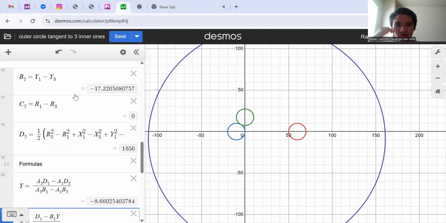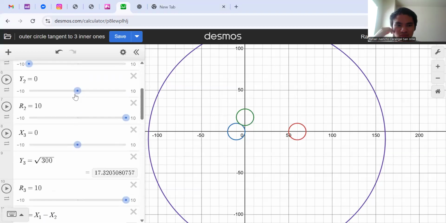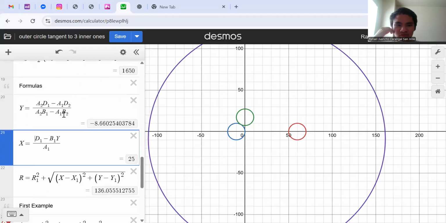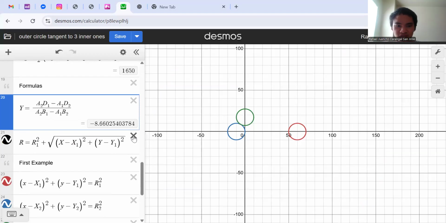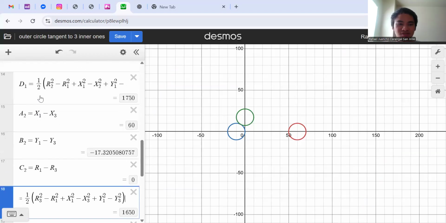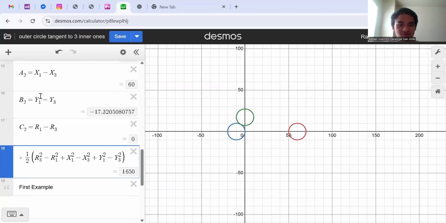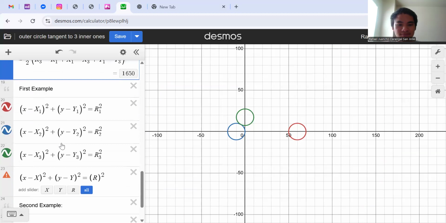Why doesn't it work? That's weird. Because I got all of the numbers, but then the formulas don't work. So that's the problem. It's kind of like I get my X, I get my Y. So I'm just going to completely take it out, but I'm going to leave the givens because that one worked. This one doesn't work.